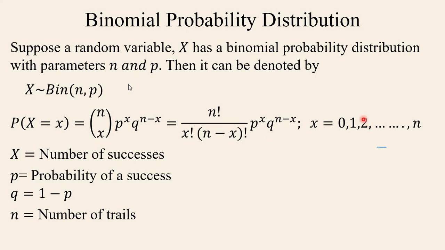You also have to specify the possible values, if n and p are the parameters, and define what X is. That is, capital X is the number of successes, the binomial random variable. p is the probability of success, q is equal to 1 minus p, and n is the number of trials. That is the appropriate definition for the binomial distribution.